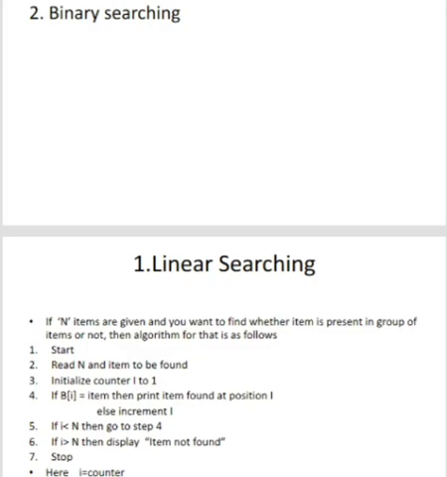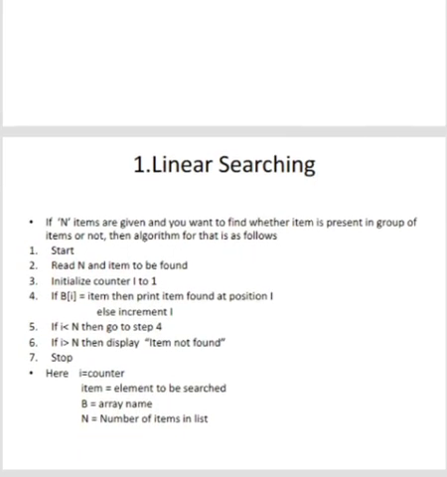If I is greater than n, then display item not found. Stop. I is equal to counter, item is the element to be searched, B is the array name, and n is the number of items in the list. This is the algorithm for linear searching.